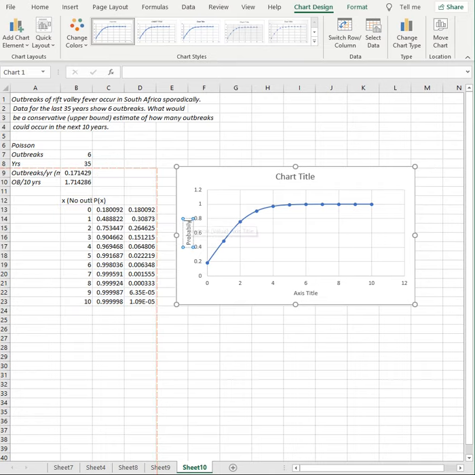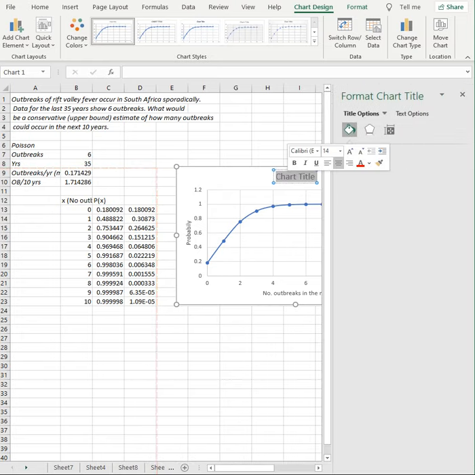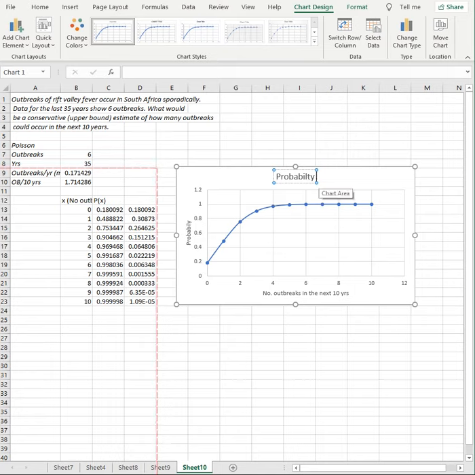This is probability, and this is outbreaks. There are so many things that get in the way. It's really annoying. Probability of Rift Valley fever outbreak in next 10 years, and remember to label it correctly.